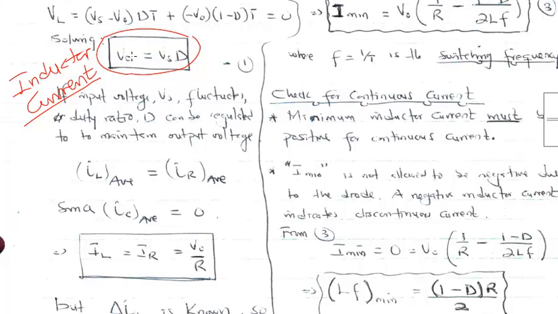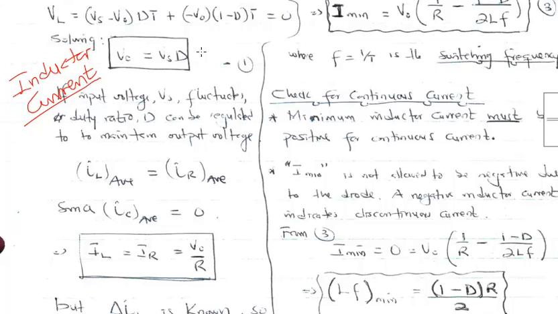If I want to maintain a constant output voltage, then as my input voltage changes, I want to modify my duty ratio to keep the output voltage constant. So we can regulate our D, which is the duty ratio, even if our input voltage is not constant, to be able to obtain a constant output voltage. That's very important.